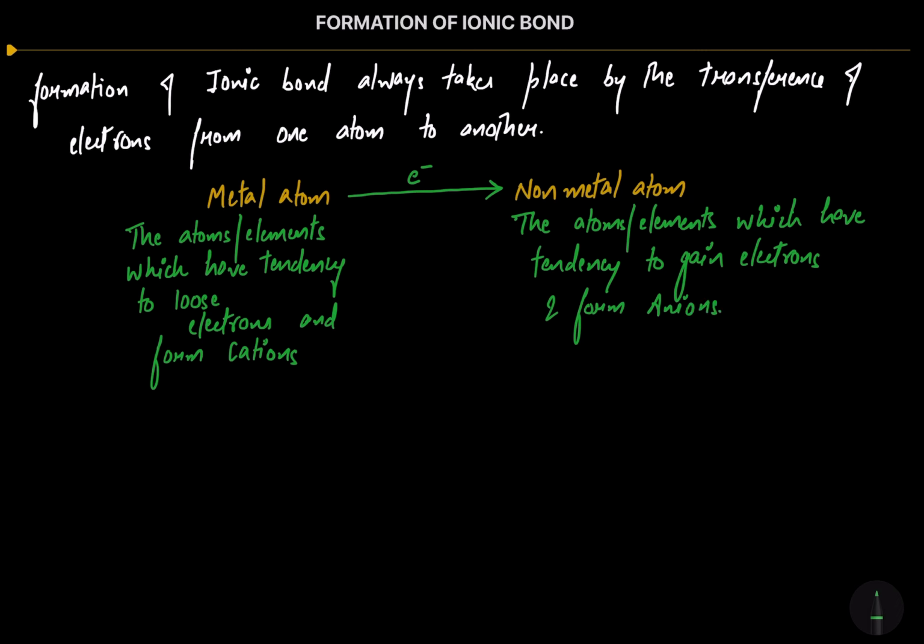So when any metal atom will lose electron, it will form cation, and that electron will be gained by the non-metal atom and it will form an anion.